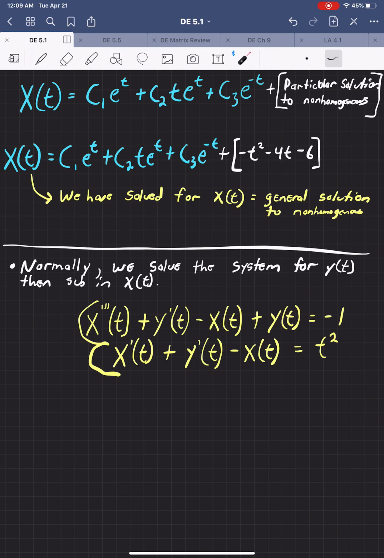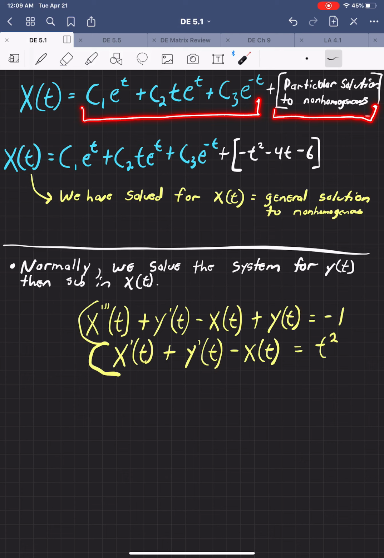So remember that this right here is the general solution to the non-homogeneous equations. And how do you get that? Well, it's just the sum. It's the sum of what? First, it's the general solution to the homogeneous portion, right here, plus the particular solution to the non-homogeneous.